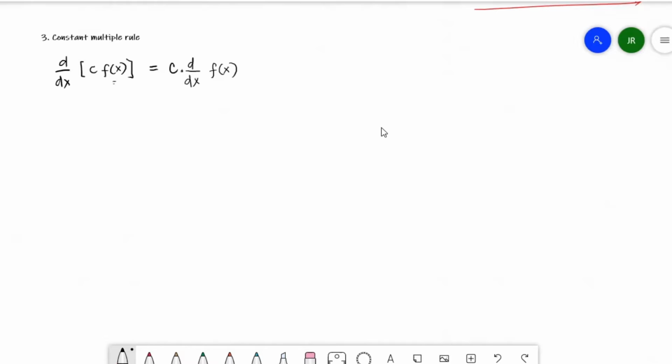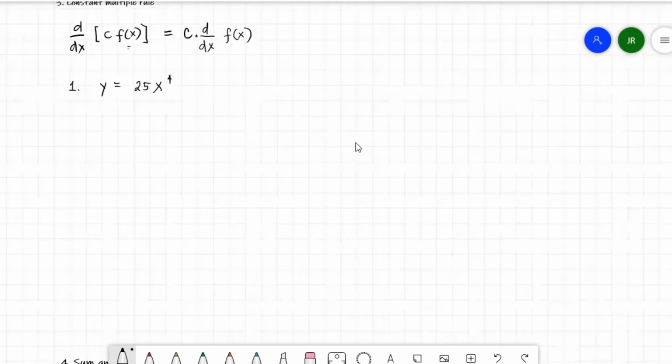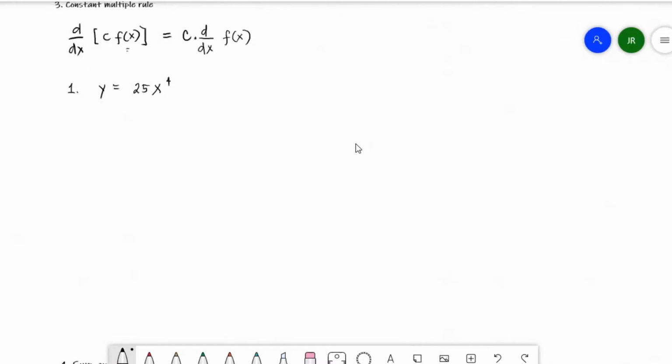Okay, so for example, number 1, y is equal to 25x to the fourth power. So meron tayong constant dito which is 25.